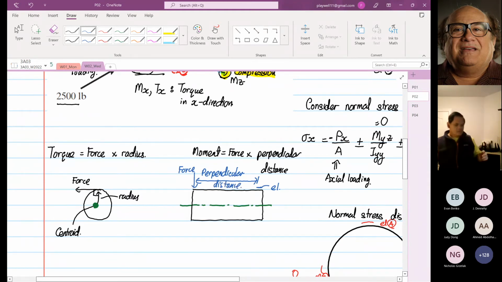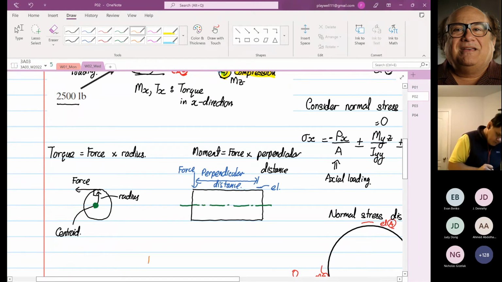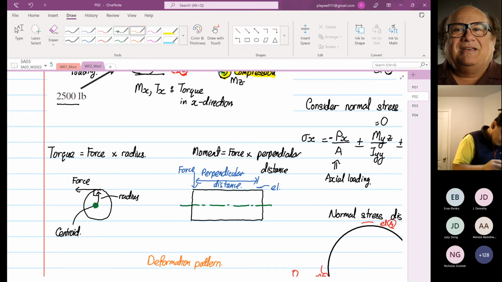Now, the difference is this. If you look at the deformation pattern, I'm going to draw it in red, or in orange, and then I'm going to label this as our centroid.